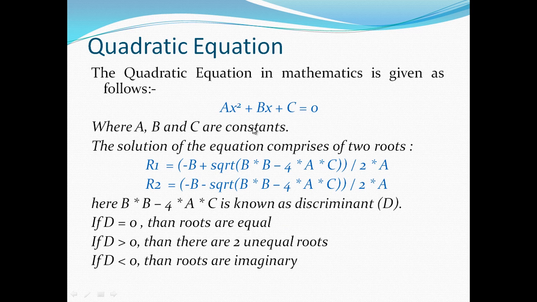The two roots of the equation will be the same and they are equal. If d comes out to be greater than 0, then there are two unequal roots, given by the formula r1 and r2. And if d is less than 0, b square minus 4ac is less than 0, then the roots are imaginary. So friends, let's move ahead to the Eclipse and see how to code how to solve the quadratic equation in Java.